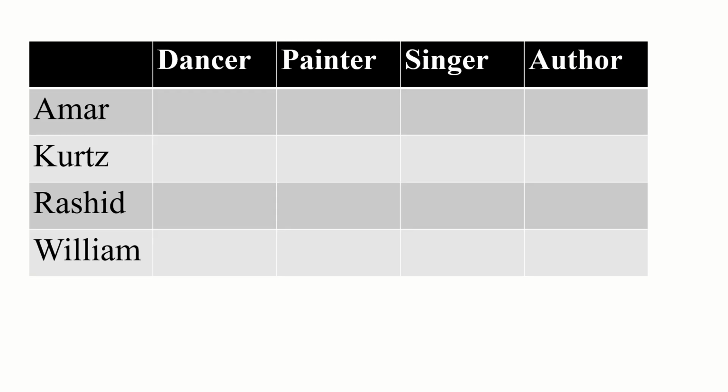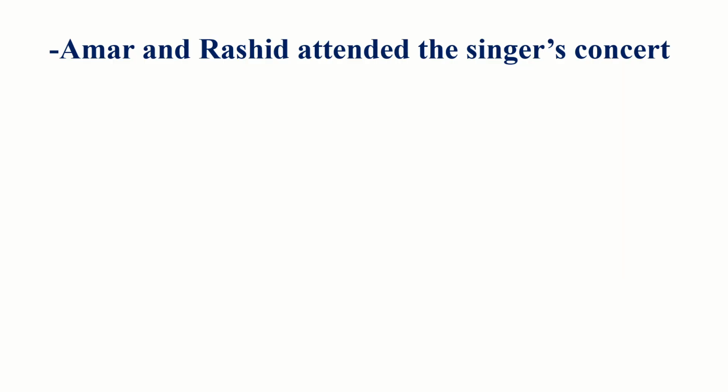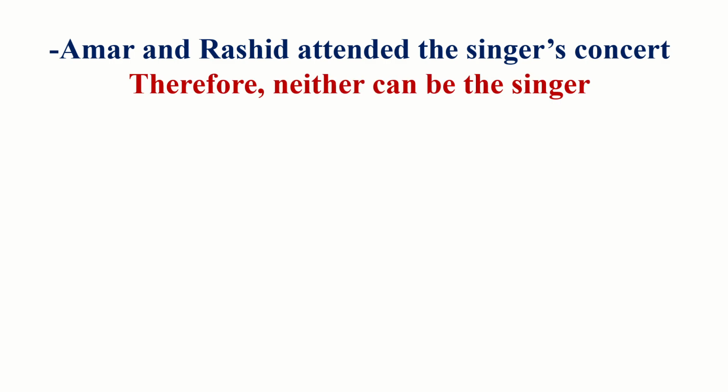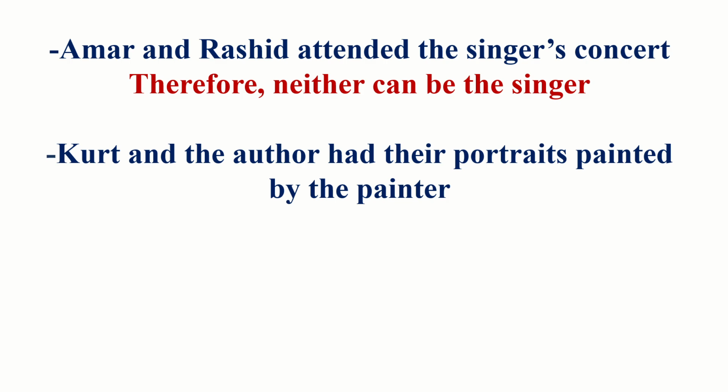Again, like the previous puzzle, we will draw a matrix putting one set of variables horizontally and the other set of variables vertically. So we come to one of the premises that Amar and Rashid attended the singer's concert. From this we can draw the conclusion that neither of them is the singer. Now take another premise. Kurt and the author had their portraits painted by the painter.